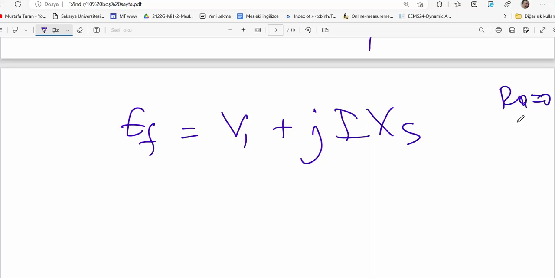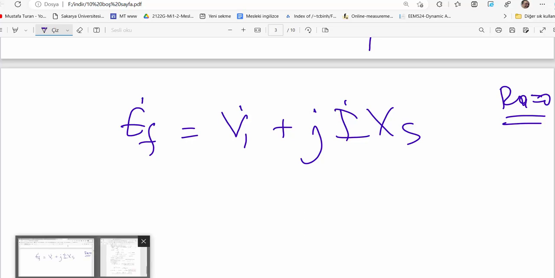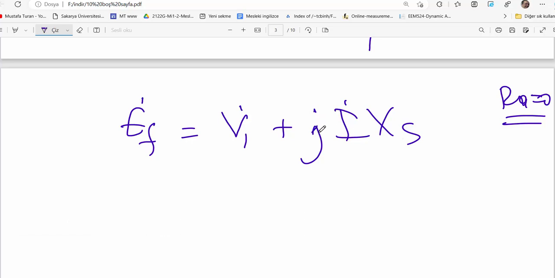Armature resistance is neglected in the question, so all those are phasors, do not forget. I don't know what the phase angle is, so I leave it implicit. But I can calculate delta nu.